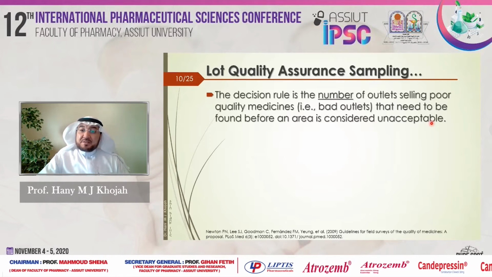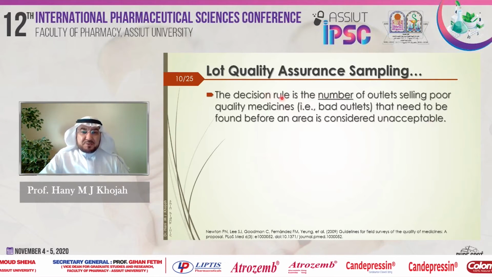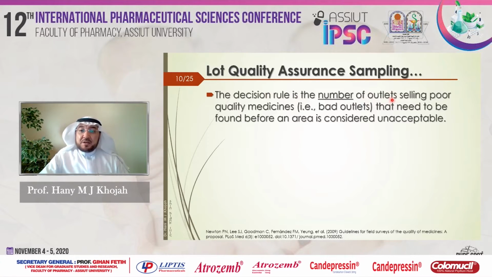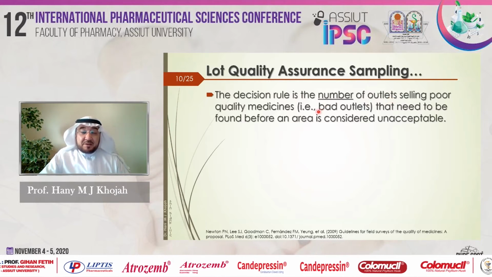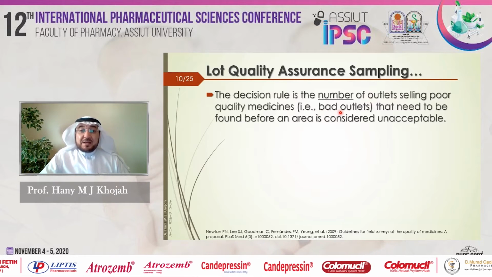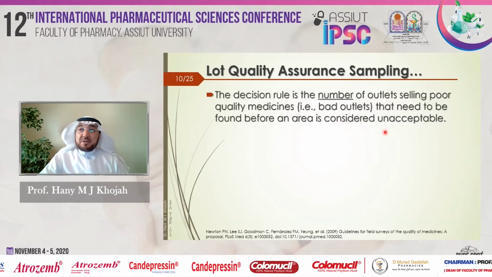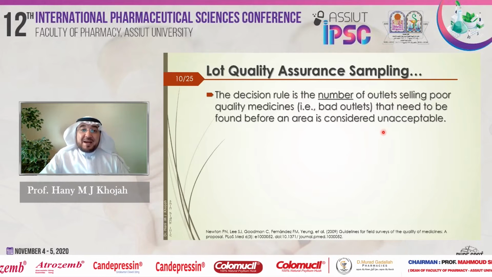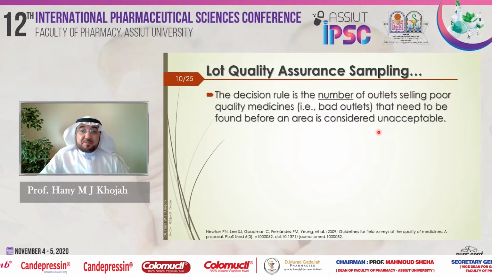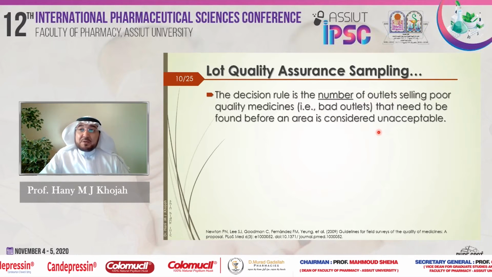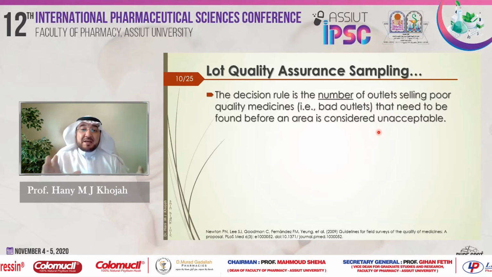As I mentioned, this calculation method will give me the sample size and the decision rule. The decision rule here is the number of outlets or pharmacies that sell poor quality medicines, which I will refer to as the bad outlets, that need to be found before an area is considered unacceptable. For example, if the decision rule is 5, then finding 6 pharmacies, which is more than 5, that sell low quality medicine will allow me to classify the whole batch of pharmacies in this region as unacceptable.